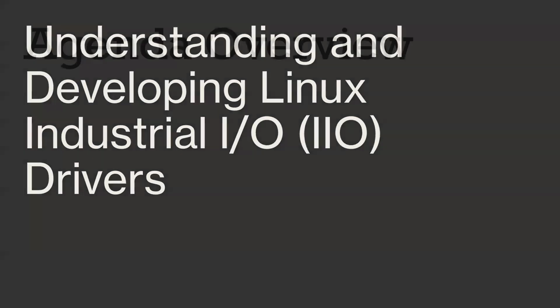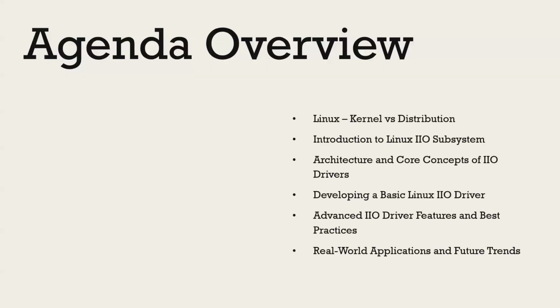So let's start. Let's see our agenda first. First, we'll be understanding what's Linux. So many people are confused about what's a Ubuntu, what's a Linux kernel, what's a Fedora.